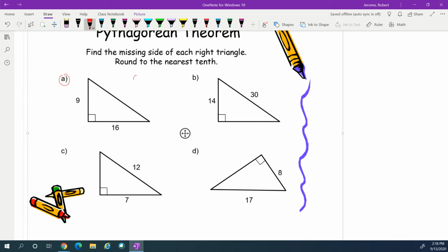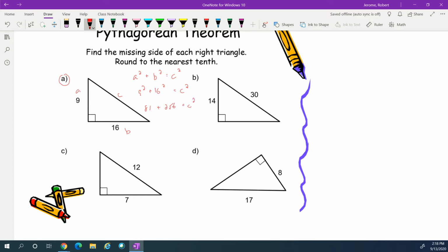So my formula we know is a squared plus b squared equals c squared. I have an a, I have a b, and I'm looking for c. So 9 squared plus 16 squared equals c squared. 9 squared is 81. 16 squared is 256, and that equals c squared.